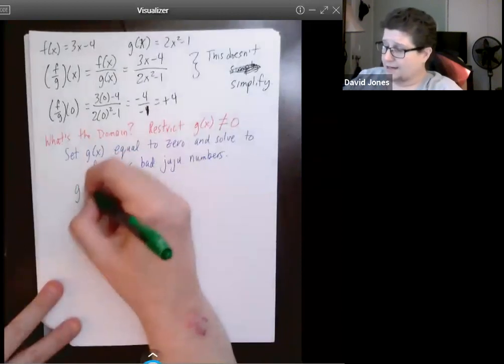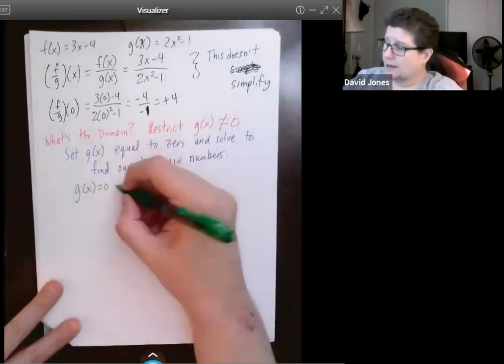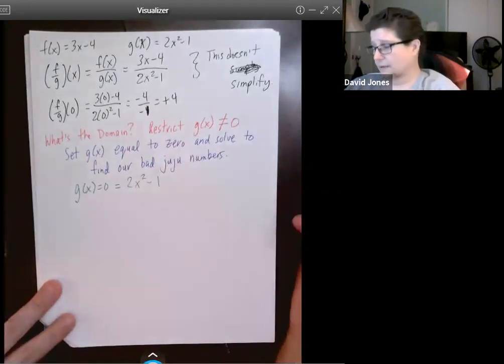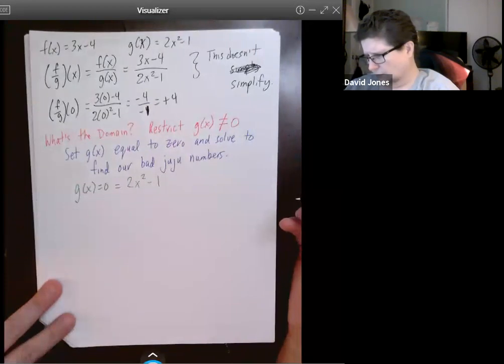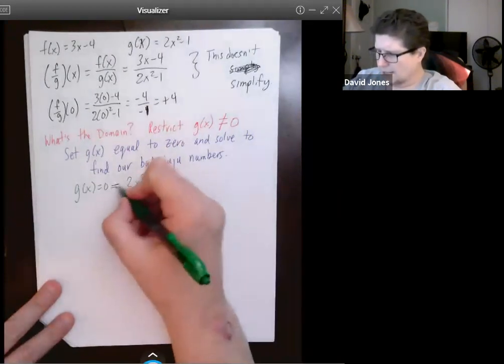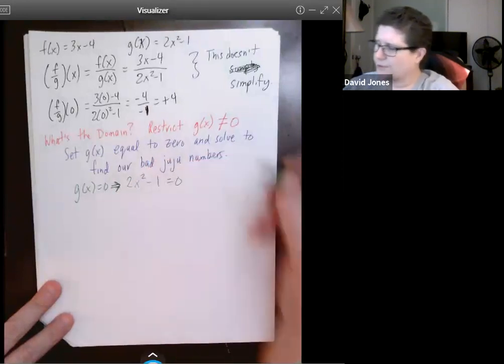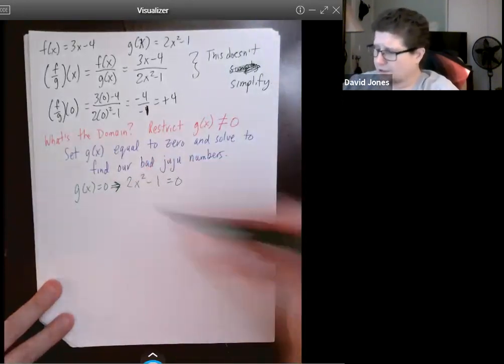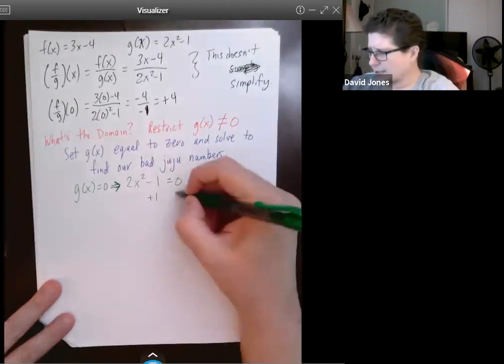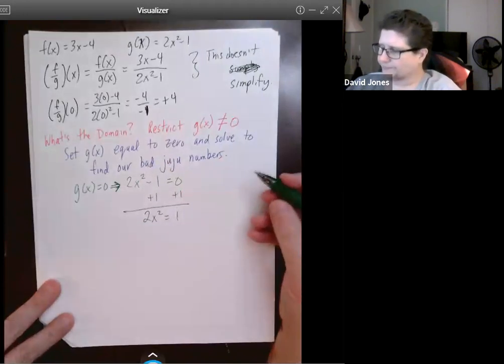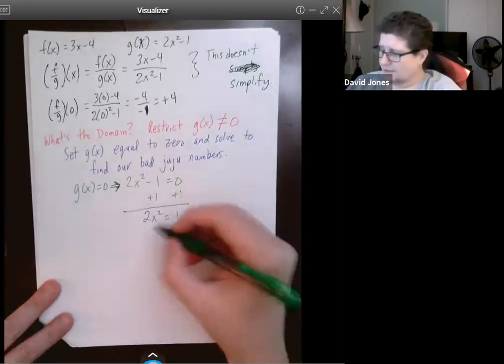If I set g of x equal to 0, I've got 2x squared minus 1. I could use this 0 here, but a lot of people like having the 0 on the right, so I'll do that. Start off by adding 1 to both sides. You get 2x squared equals 1. Divide by 2.